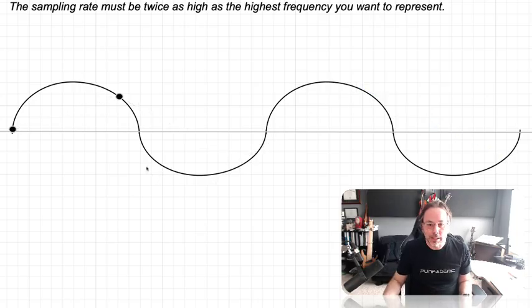So what we need is at least 2 samples per cycle of the waveform. This is the most minimal amount of samples that we can have and still accurately put together what's happening.